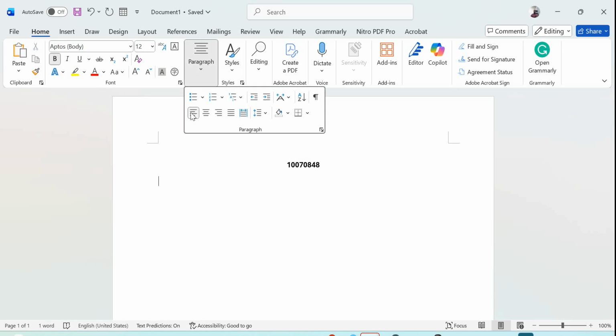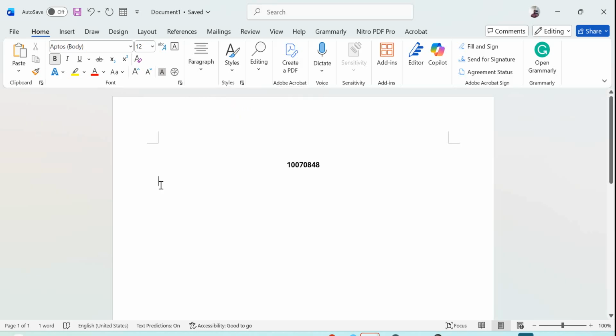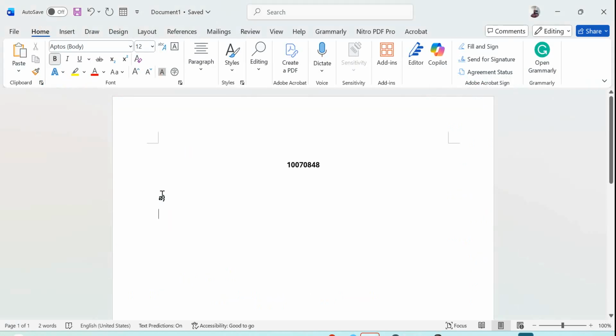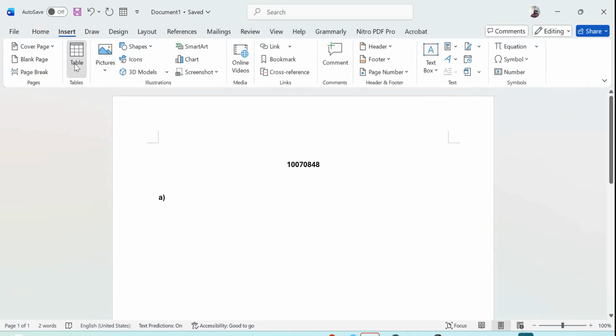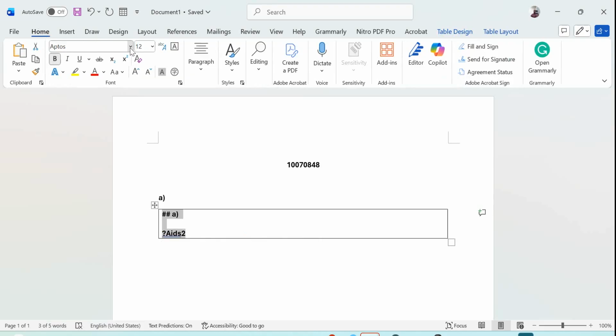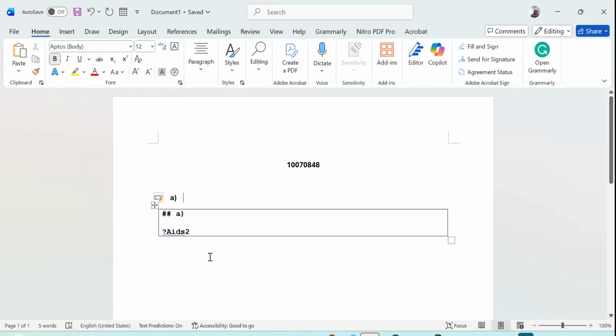It was A, right? So I copy. I'll insert this in a table like this and give this. But for code, I'll use Courier New, right? To let it look like code.